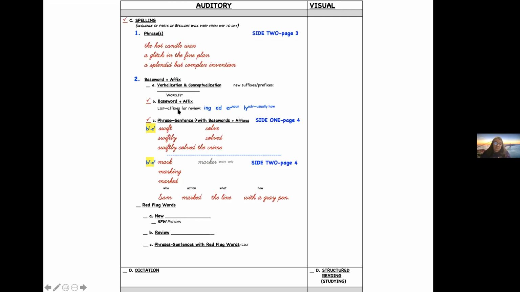And maybe they would also have a base word with an affix, but you would do whatever you need to do to practice the red flag word first before you had them write the sentence or the phrase. And you would have practiced adding the suffix that you needed to practice. So, and I could have included this just the way I did back up here.